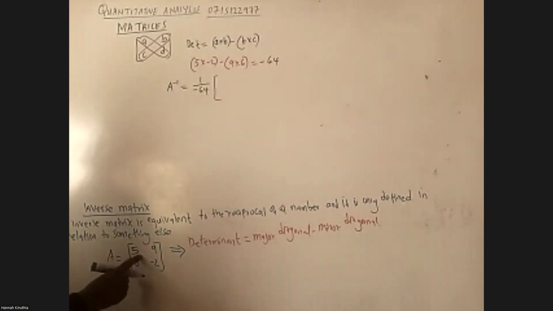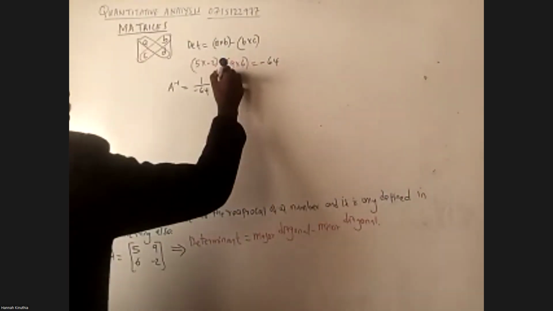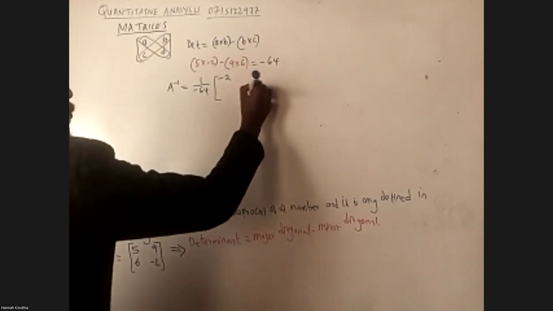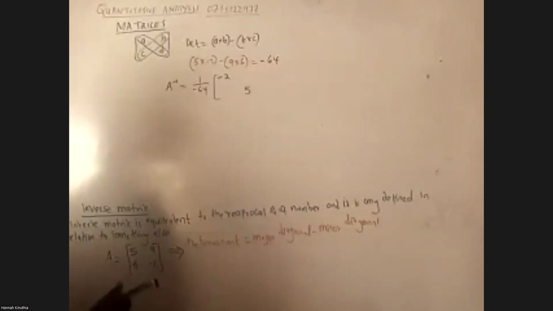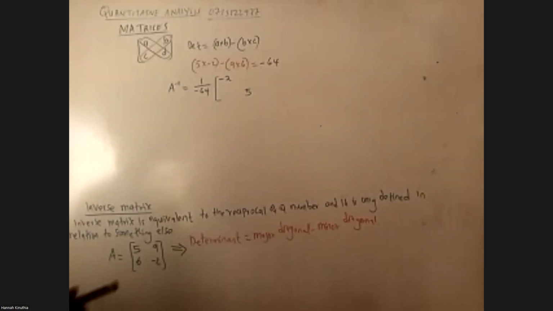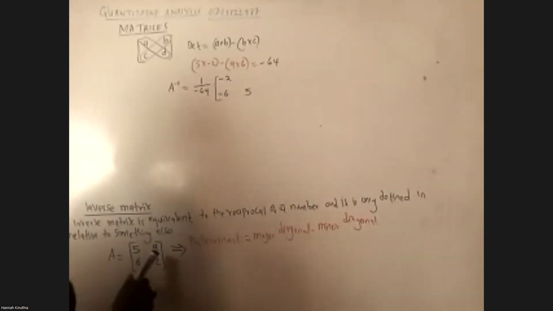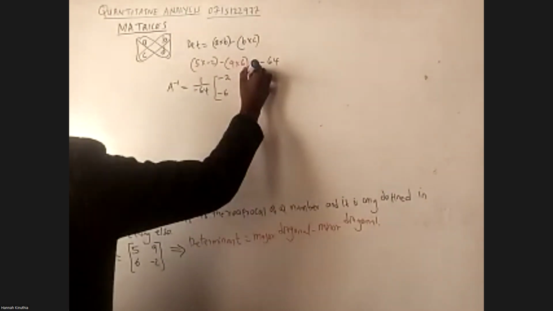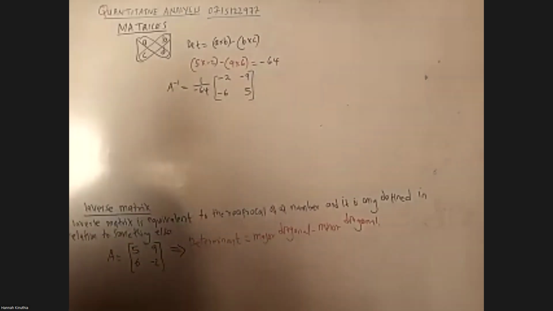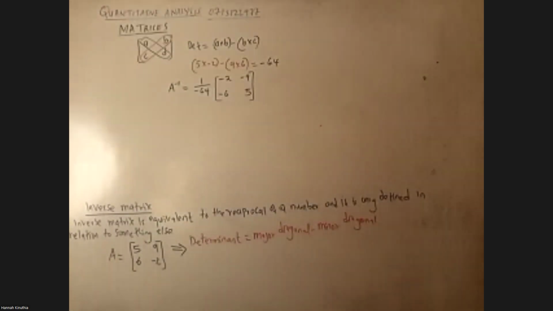So 5 and minus 2 interchange, it will be minus 2 and 5. Then we change the signs of the minor diagonal. So 6 is positive, so we change the sign to minus 6. Then 9, we change the sign to minus 9. So we just change the signs of the minor diagonal.